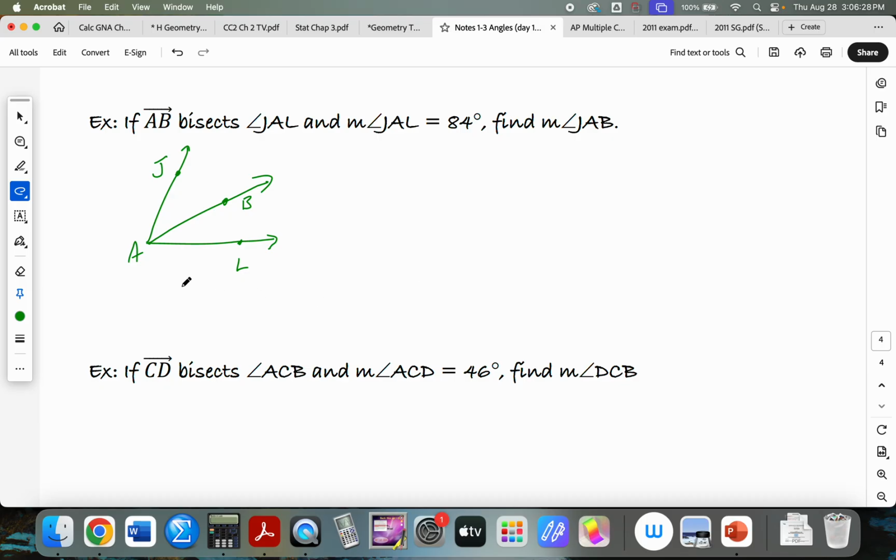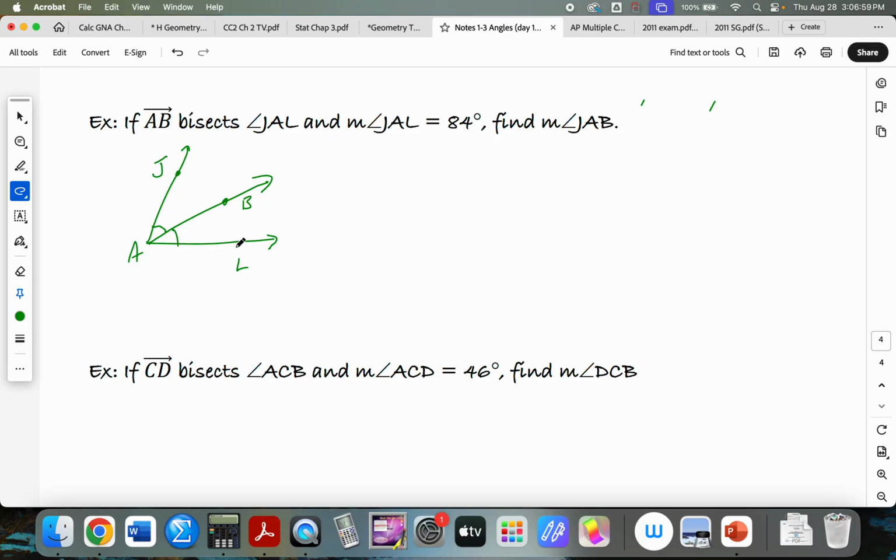The way that we mark that, like with segments, where we did a little slash across each to show they were the same length, the way we show angles are the same measure is to mark a little arc across each one of them. I make them different sizes because if you don't, it looks like one big arc. So these two angles have the same measure.